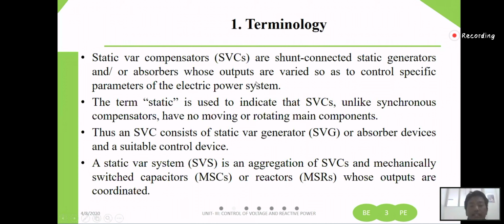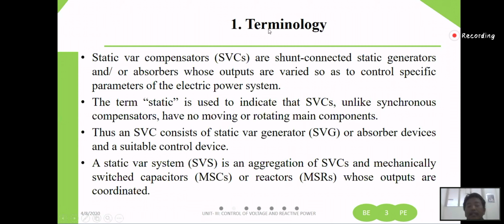That is why these power electronic devices are becoming famous nowadays, because of this property: they can act as a generator as well as an absorber. The term static itself indicates that it will not have a rotating or moving part.